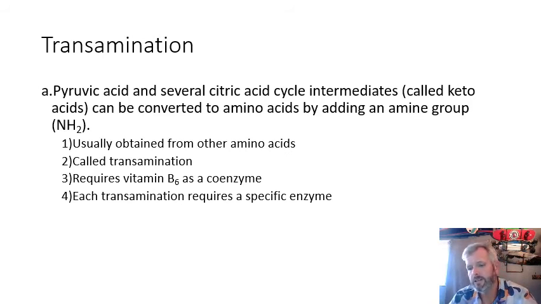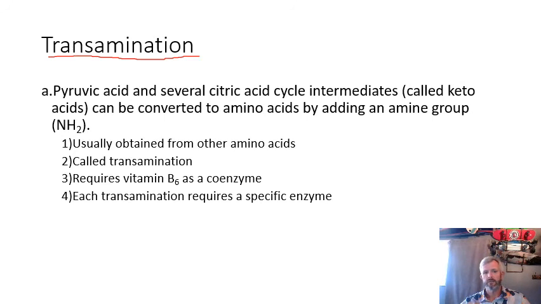make these amino acids? We use a reaction called transamination. And what molecules do we use to make these non-essential amino acids? We will see.